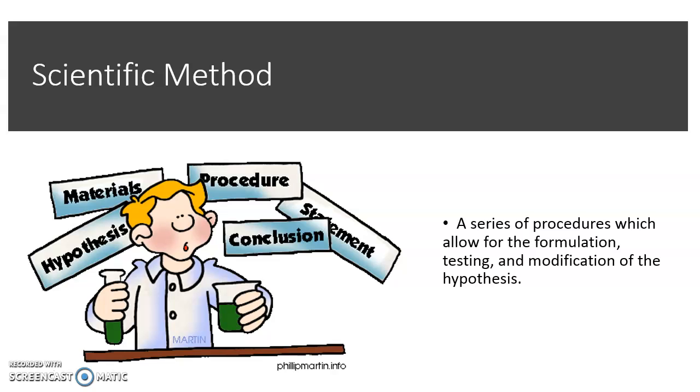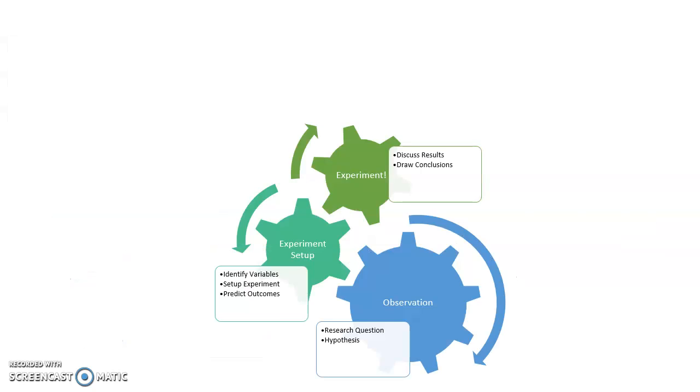So, what is the scientific method itself? It's a series of procedures which allow for the formulation, testing, and modification of hypotheses or a hypothesis. So, an experiment discusses results and draws conclusions.